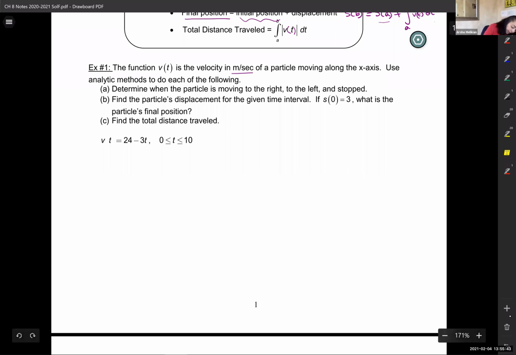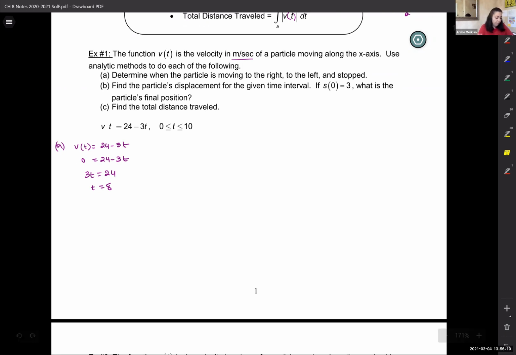So for part A, you take velocity and set it equal to 0. What's our velocity? 24 minus 3t. I set that equal to 0. So 3t is 24, t equals 8. That's the point where velocity is 0, or the particle has stopped.